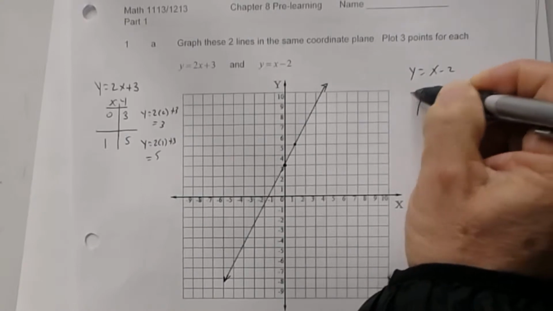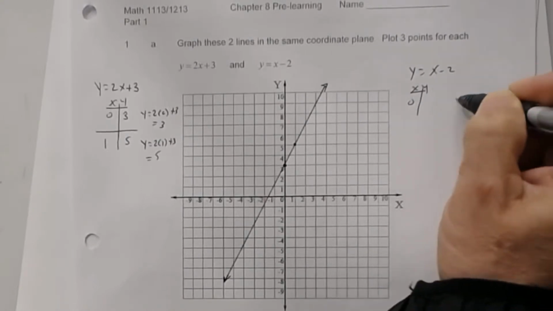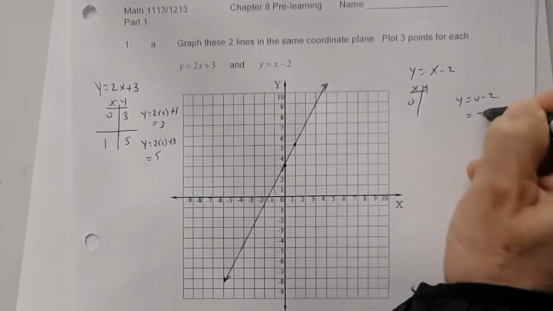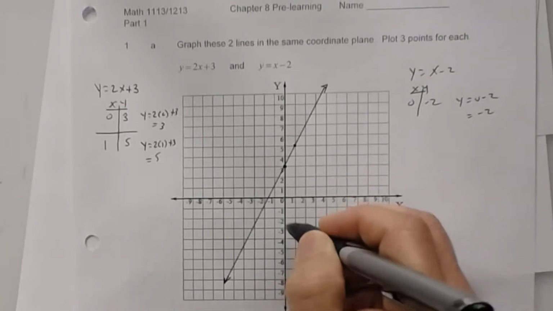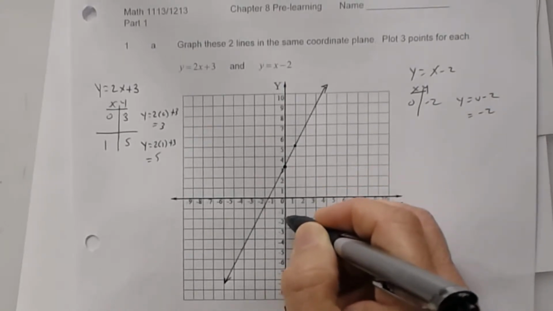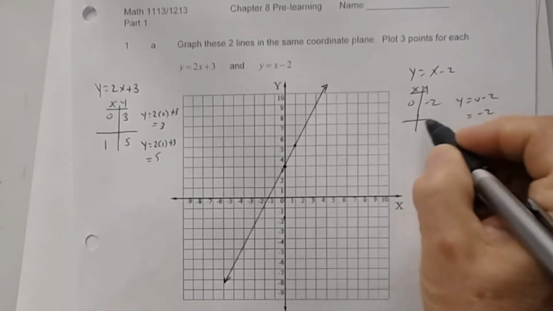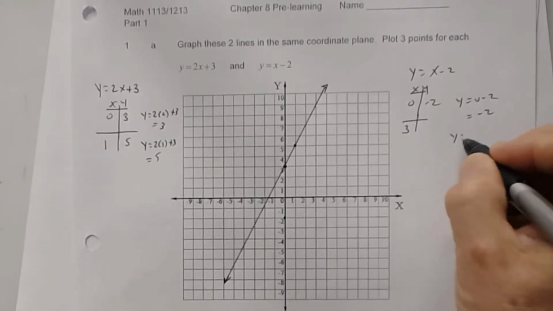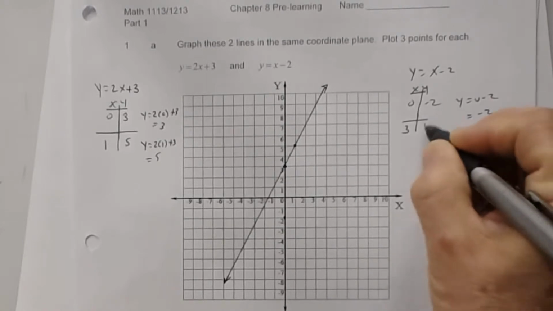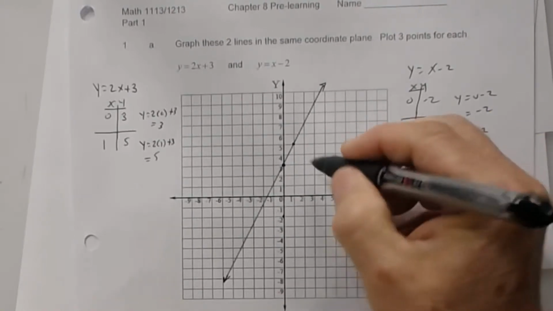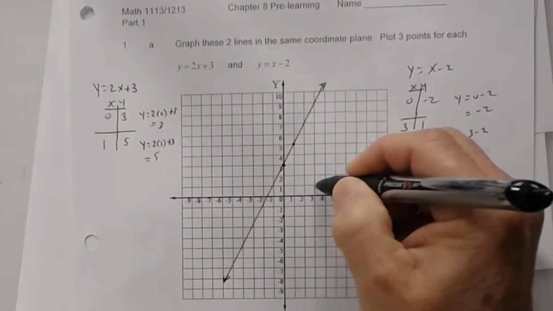So if x is 0 over here, I get y equals 0 minus 2, which is negative 2. So here's 0, negative 2. And then if x is, let's say, 3, I get y equals 3 minus 2, which is 1. So I'll plot the point 3, 1. Let's say that's here.